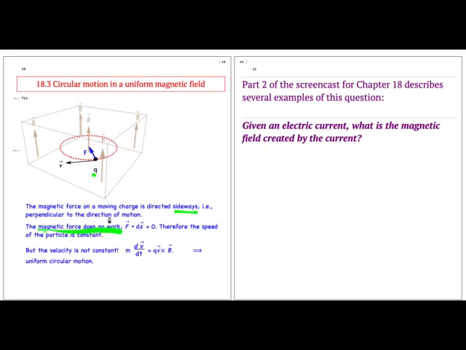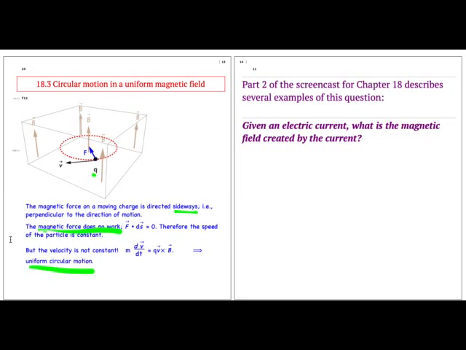But the speed is constant. And so the result is circular motion. This is an example of uniform circular motion. A charged particle moving in a uniform magnetic field undergoes uniform circular motion.